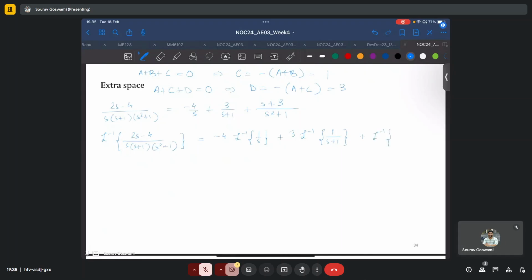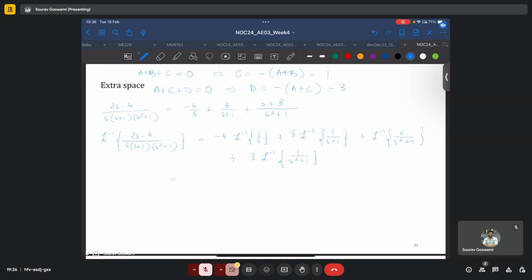Now this term can further be broken into s by (s square plus 1) plus 3 by (s square plus 1). So this is Laplace inverse of s by (s square plus 1) plus 3 times Laplace inverse of 1 by (s square plus 1).